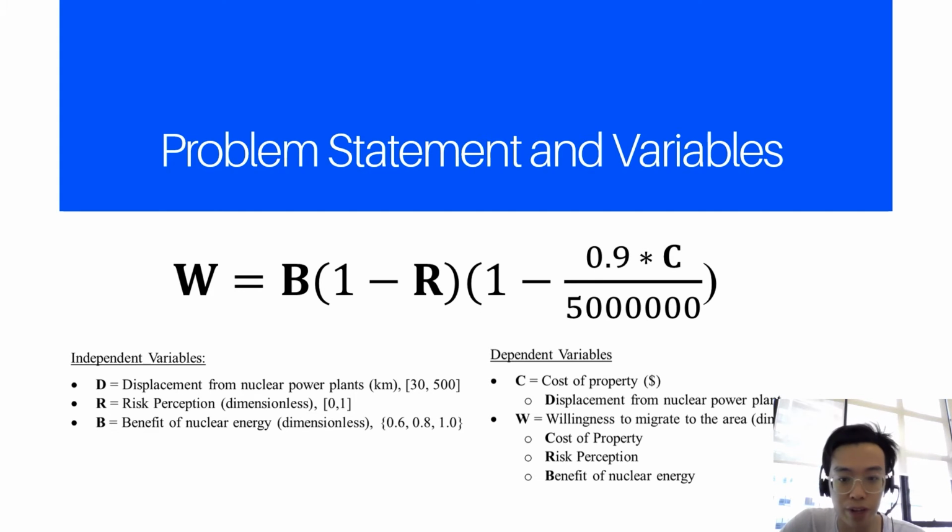This is what we want to find, and it's based on the cost of property, risk perception, and the benefit of nuclear energy. As we can see from our solution, over here we multiply C by 0.9 because we factor in the 10% government subsidy, and we divided it over 5 million, which is the maximum price of cost of property.